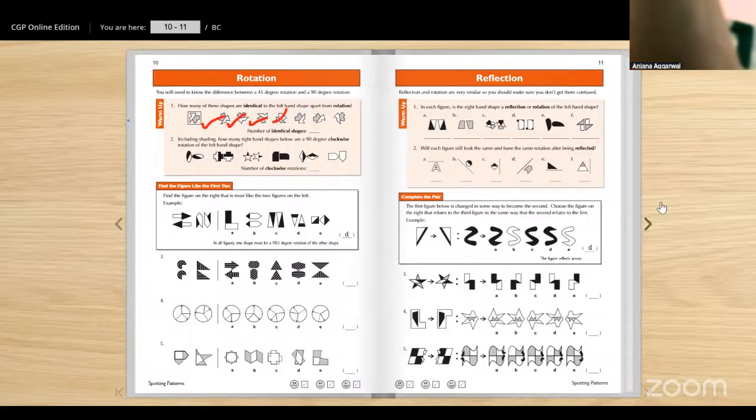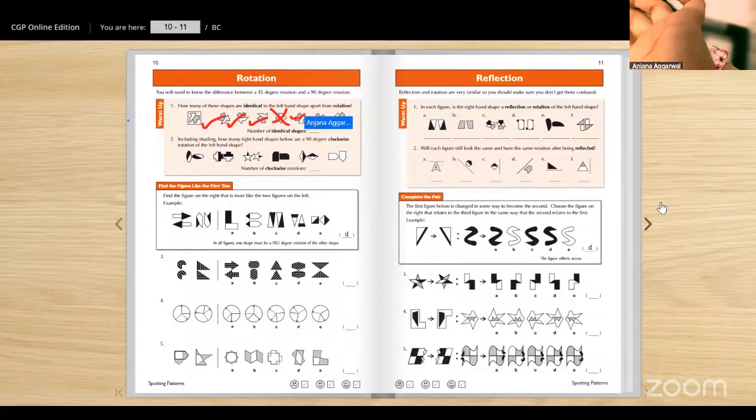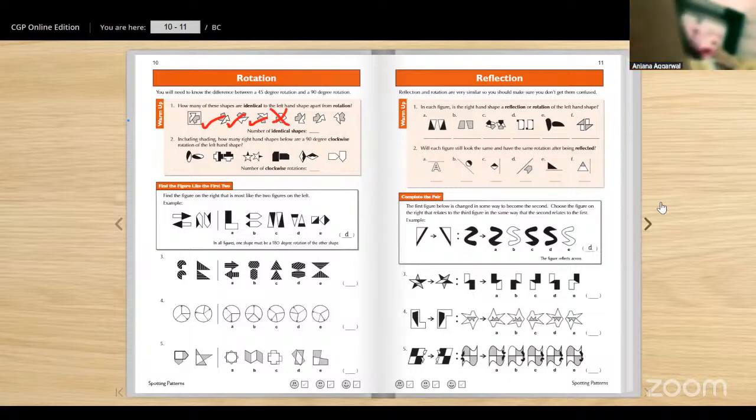This is not correct. It's correct. And also correct.